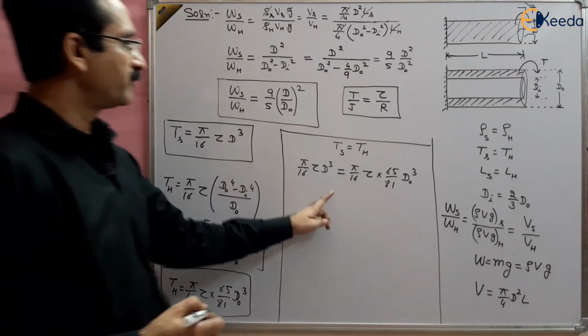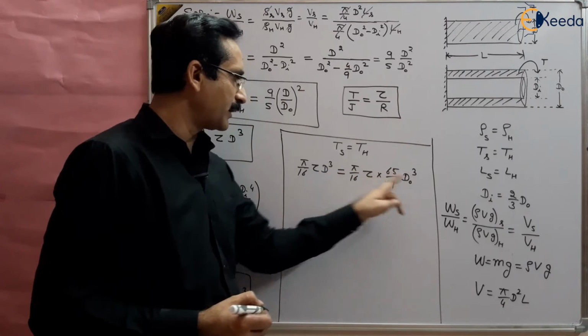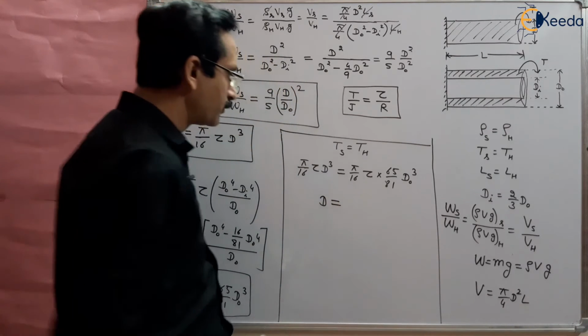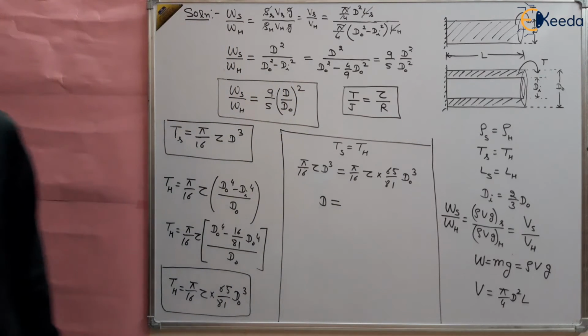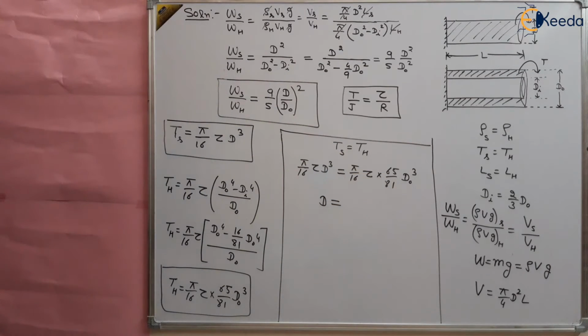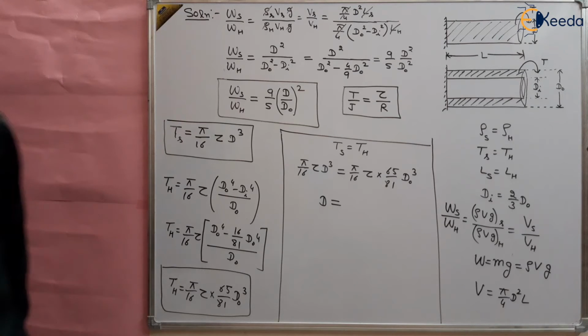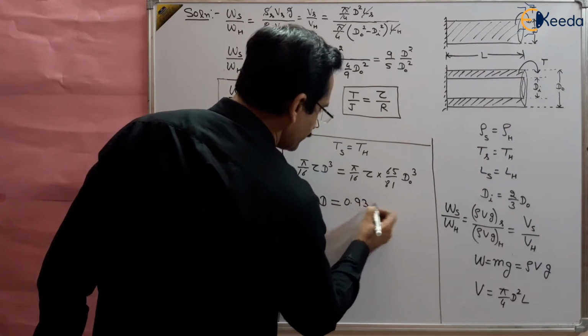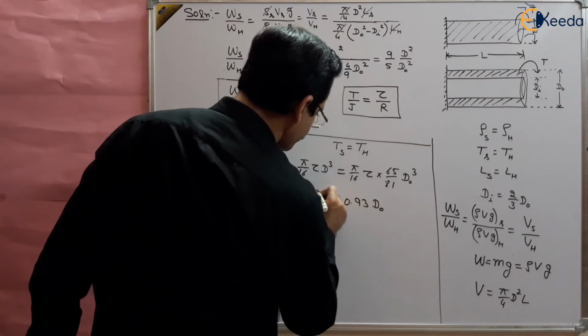And from here we can find out the relation between d and Do. Other things will cancel out, and you will get a relation that d will be equal to 0.929, about 0.93 Do.